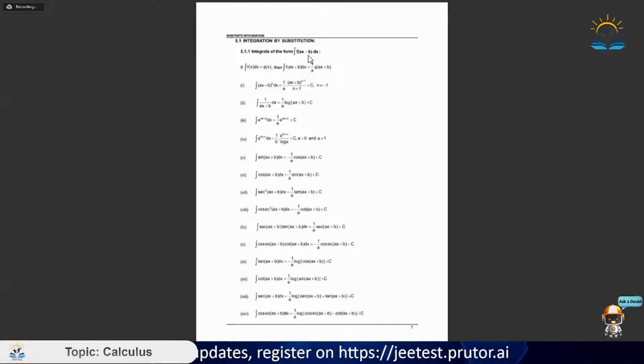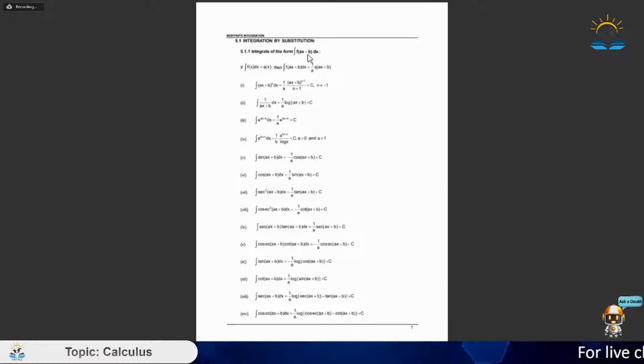What is a here? The coefficient of x. So whenever in place of x you are given a linear function, you would be just normally doing the integration, and at the end you will divide your answer by the coefficient of x.